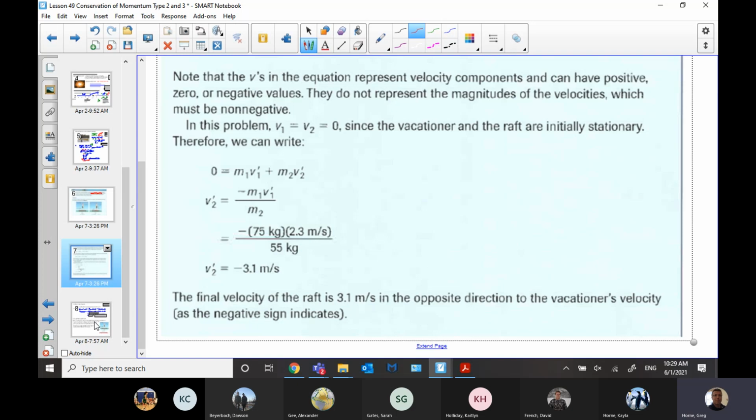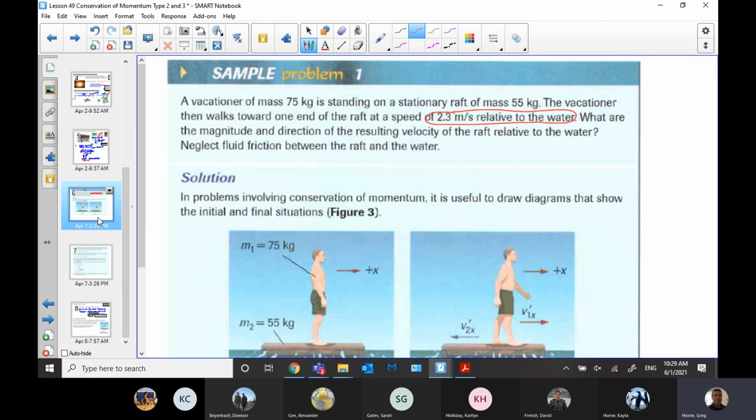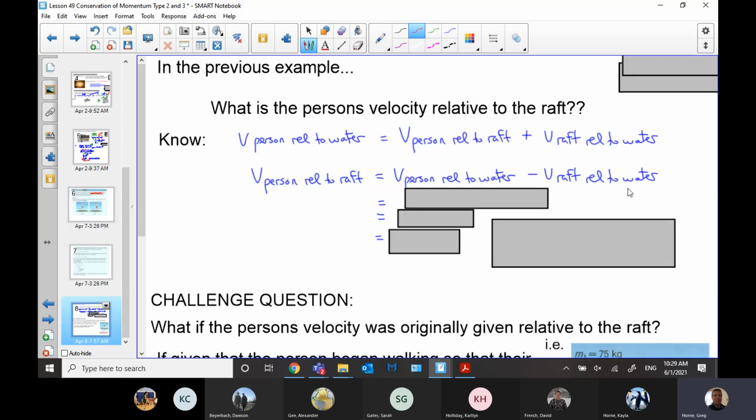So to put this in terms of numbers, 2.3 plus the negative 3.1 would give you your velocity relative to the water, right? So I think I have this here where this was 2.3 plus this negative 3.1.